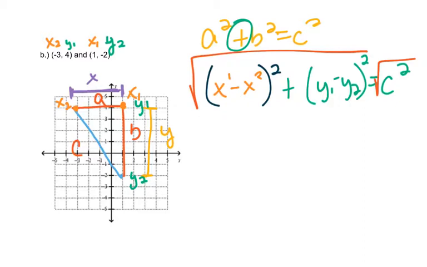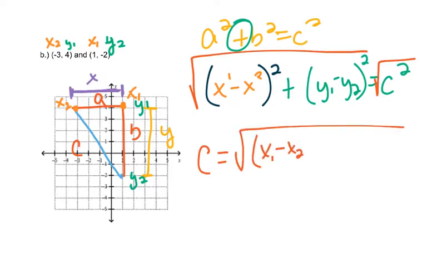C squared, if you take the square root, you just get c. So the final distance formula is c equals the square root of x1 minus x2, oops, I just realized I wrote the x2 up top as a square right there. Square it, plus y1 minus y2 squared.